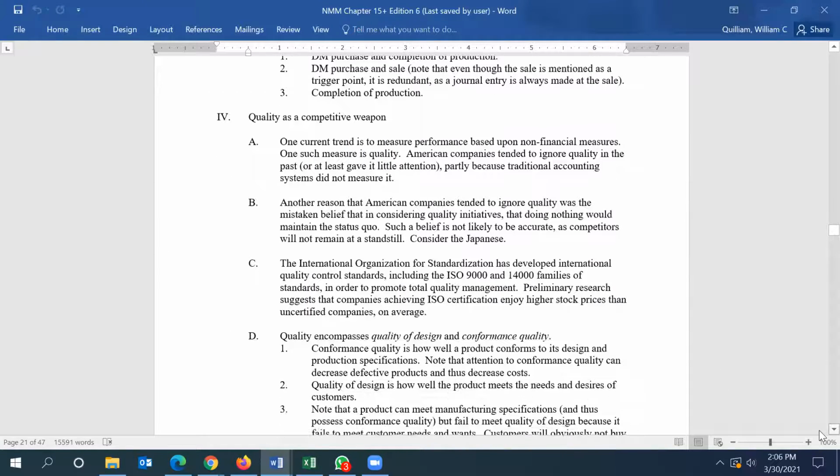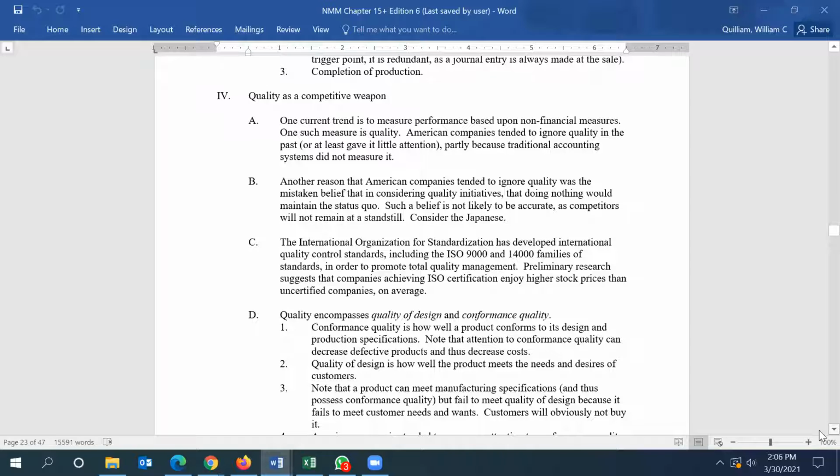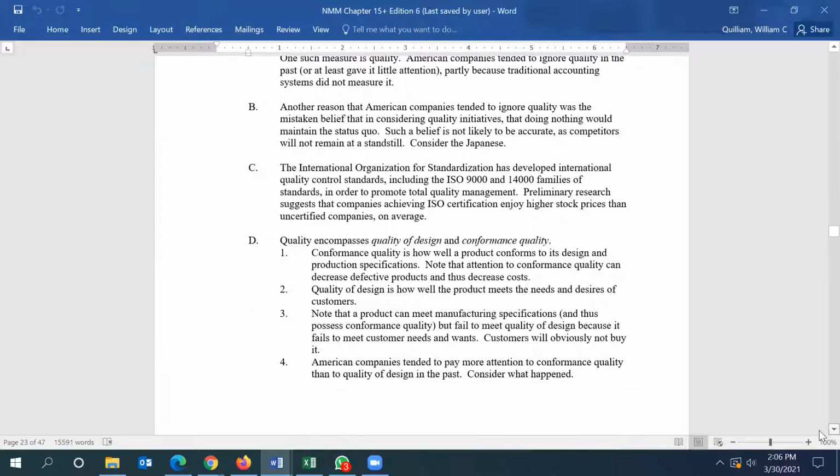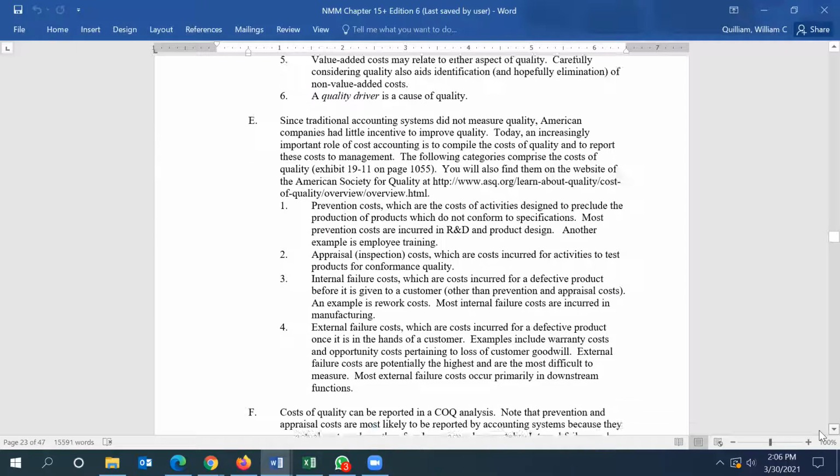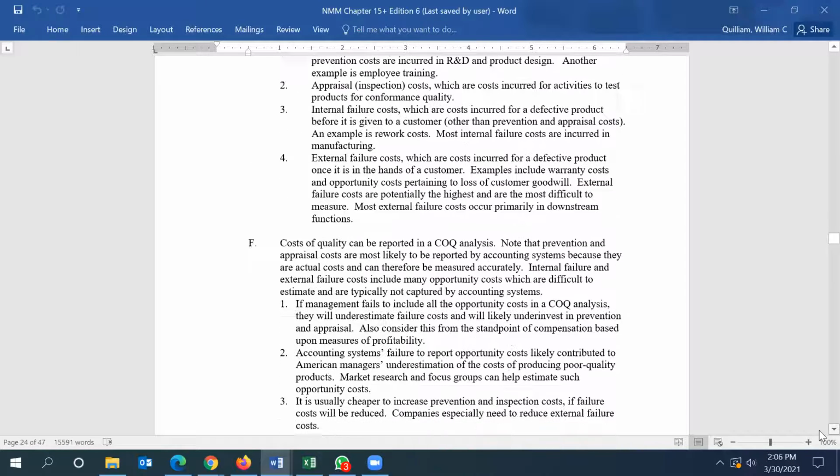And then we came to quality. So we saw some ideas about quality, and we saw some costs or activities of quality, each cost having its own activity attached to it. So do go over these ideas here in the handout.